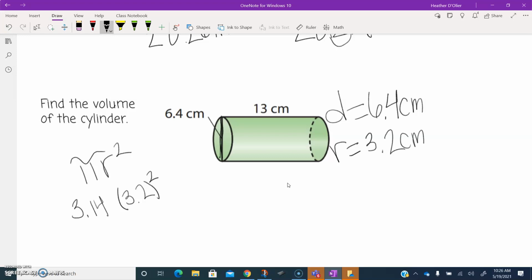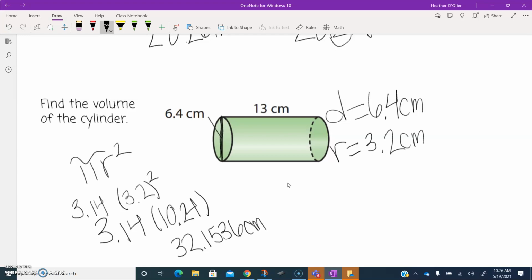I thought that number would be bigger, and then I realized that makes sense. I still have that number in my calculator, so I'm just going to do times 3.14. It's a longer decimal, but that's okay. Approximately, because remember if I use pi, my number would be a little bit different. 32.1536, and this is centimeters squared.